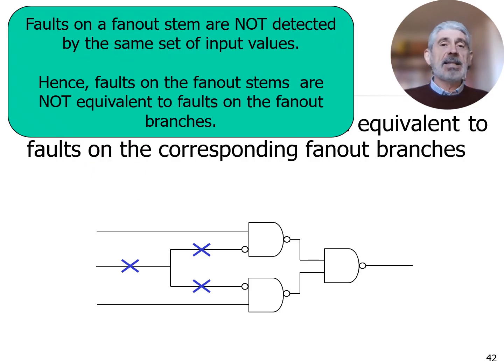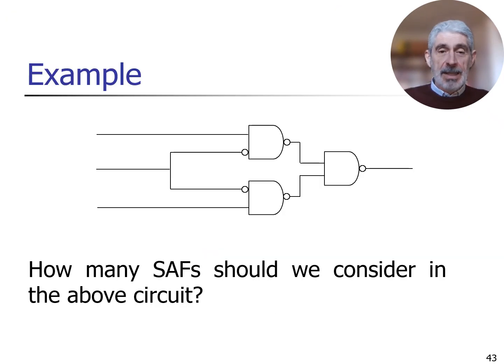The result is that the faults on a fan-out stem are not detected by the same set of input values with respect to the faults on the fan-out branches, and the corresponding faults should then be all considered without neglecting any of them. In this specific case, this means that we should consider 3 possible lines and 6 possible faults.